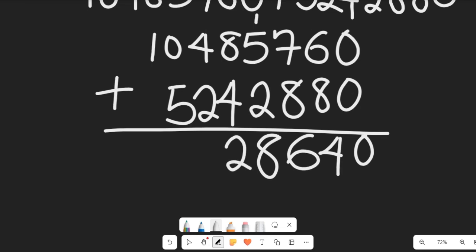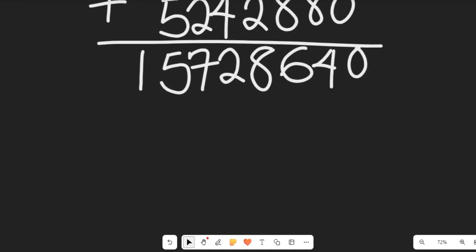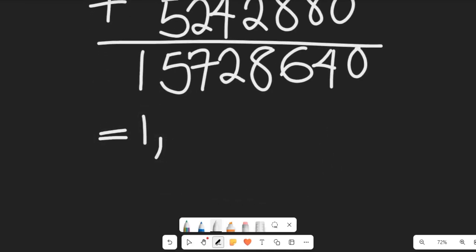Then what do we do next? 4 plus 2 is 6 plus 1 is what? 7. 5 here plus 0 will give us 5. And then we'll be left with what? 1. Great. So let's simplify this. If we simplify this, the solution will finally give us 1 million.